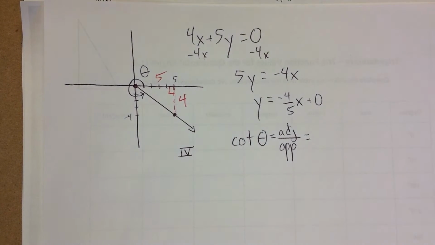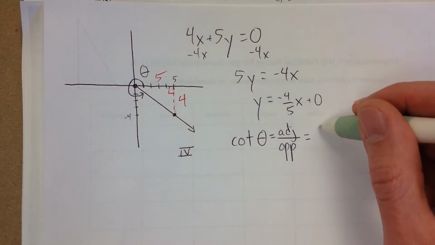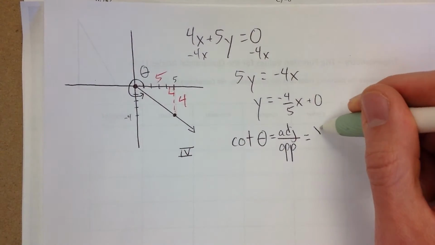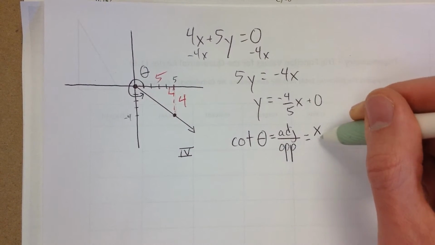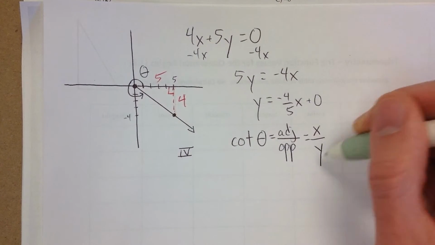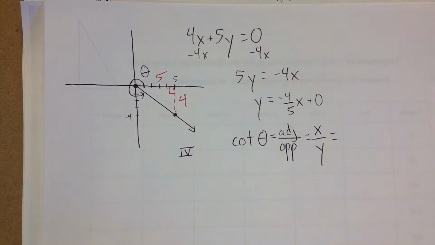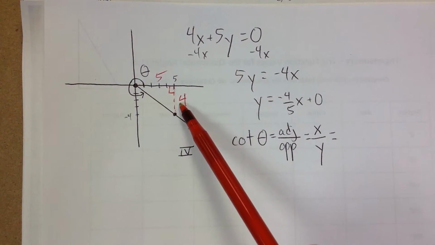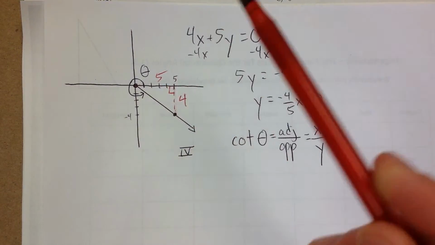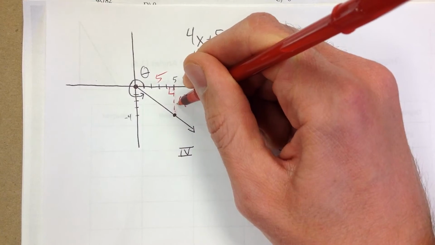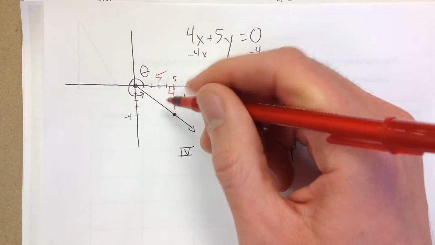No, I'm only pausing because I was thinking about what I want to say to you in response to that. So what I was asking, and I just wasn't clear enough, is more generally. So adjacent is x, opposite is y. So we want the ratio of the x to the y coordinate. There is a danger in labeling these without the negative signs. So you may want to do that. So this is negative because the y is negative, and that can be positive still.